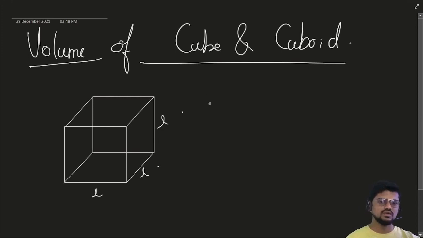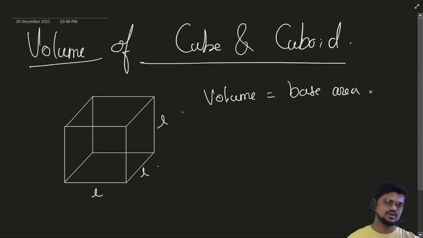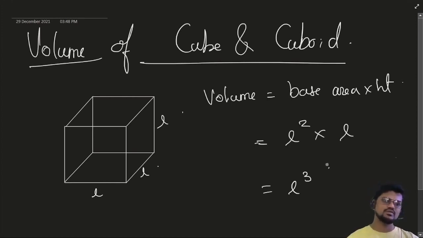So volume is equal to base area into height. The base area will be L square, and into height L, so the answer will be L cube. If L is the length of the side, then the volume of a cube is L cube.